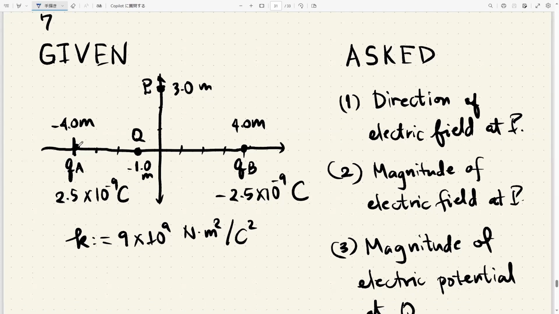But if we are just going to look at the point P, it's going to look like this.